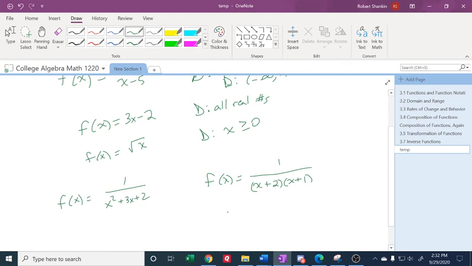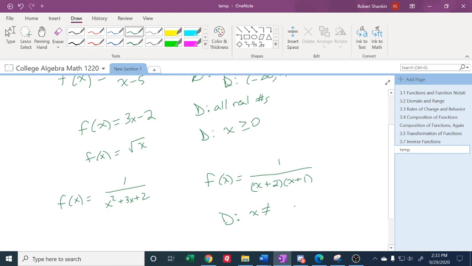All right. Now, what's the domain of this one once you see it in its factored form? What's a number that x cannot be? Would it be x cannot equal 3 or negative 3?